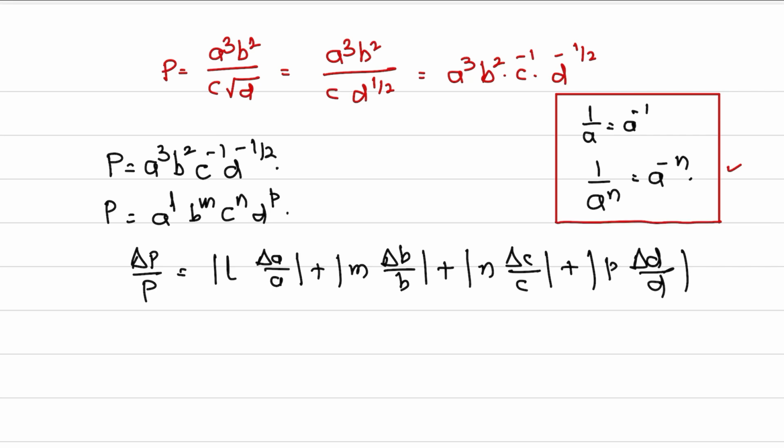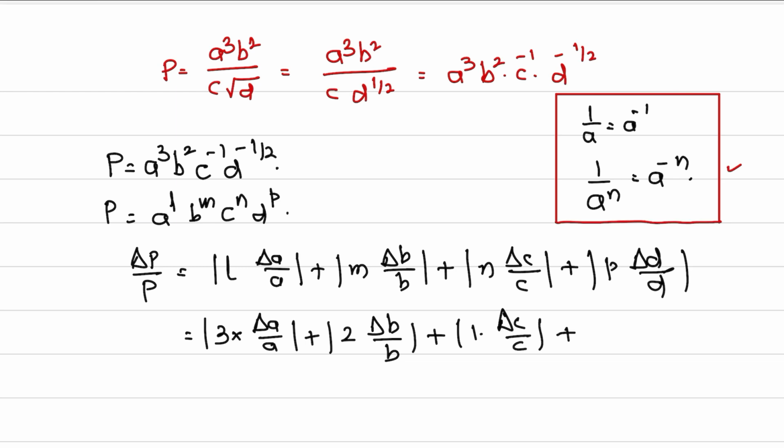Then this can be written as absolute value of, L, the power of A, is 3 into delta A by A plus absolute value of 2 into delta B by B plus, because absolute value we are using, minus 1 absolute value is 1 only, 1 into delta C by C.